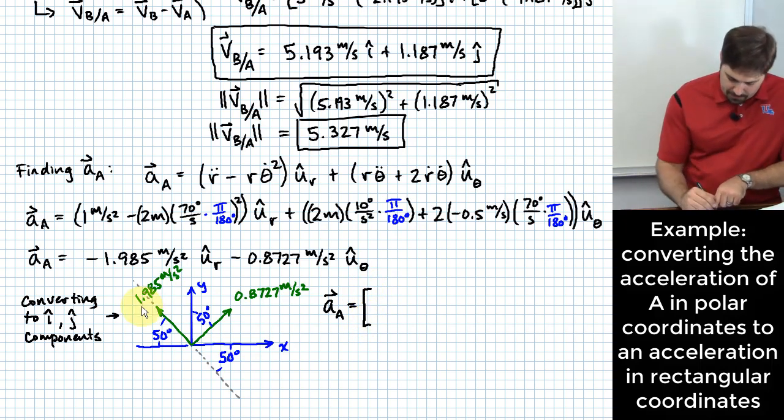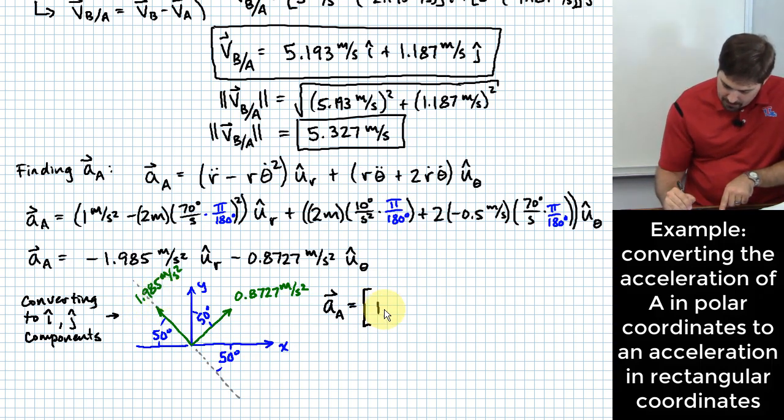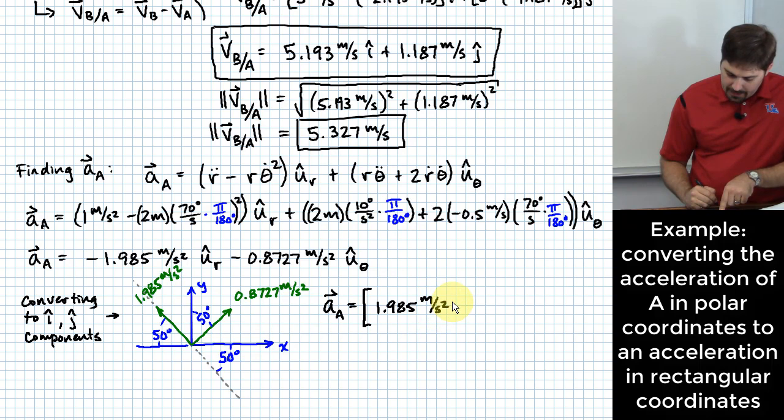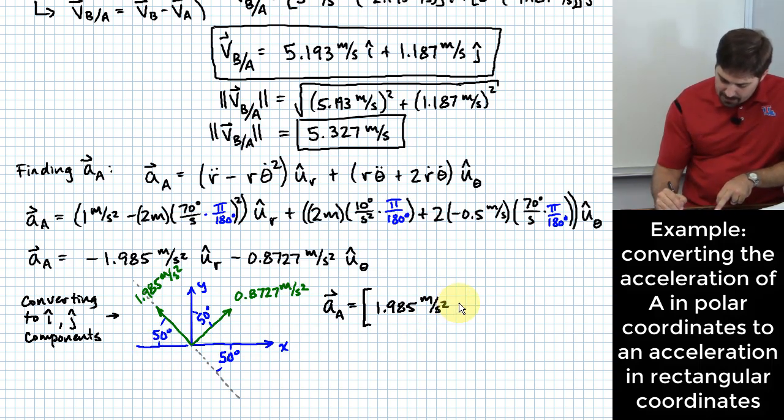I'll start with this 1.985. We'll look at the x direction on that. So I have 1.985 meter per second squared. To get just the component that goes in the x direction, I need to multiply by the cosine of 50 degrees.